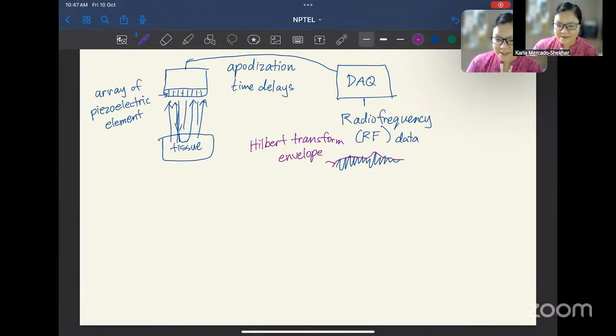And when you're seeing a grayscale ultrasound image, a conventional brightness mode ultrasound image, you're usually plotting the envelope, but in logarithmic scale. So there would be some compression happening here, just so that you can see even the small amplitude signals. If you log compress it, then the smaller amplitude signals will become more visible.